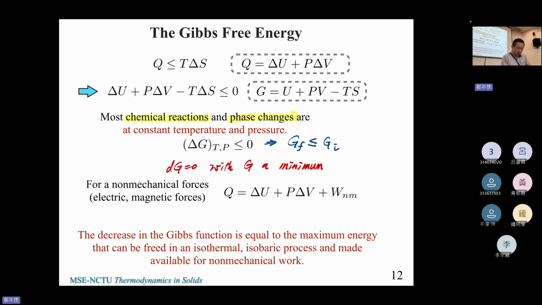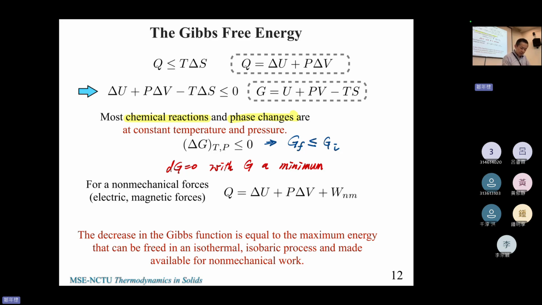We know that P delta V is the condition in pressure or volume or temperature. This is a kind of mechanical force that we can see in our normal conditions. But if you are talking about advanced materials like magnetic materials and ferroelectric materials, they may have electrical force and magnetic force, which are non-mechanical forces.